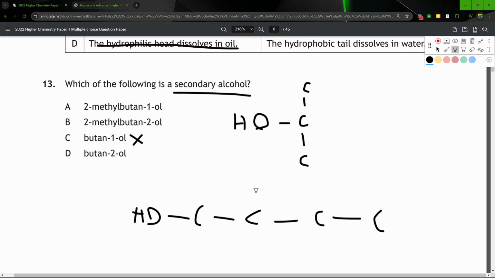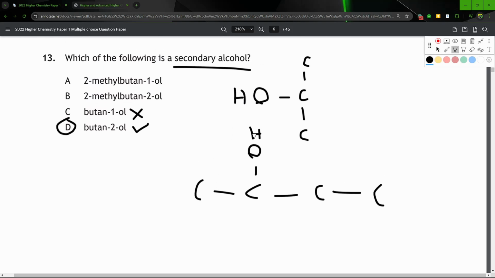Now butan-2-ol, it could be, and it looks like it would be a secondary alcohol, because you'd have your OH group on the second carbon. So D is looking pretty solid so far, but let's double check these two. 2-methylbutan-1-ol is the same as our previous one, but with a methyl group on here, so that would still be a primary alcohol.